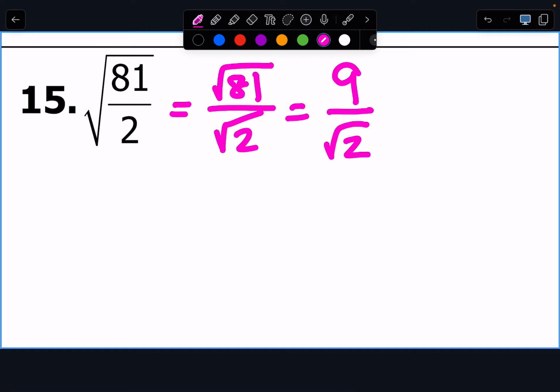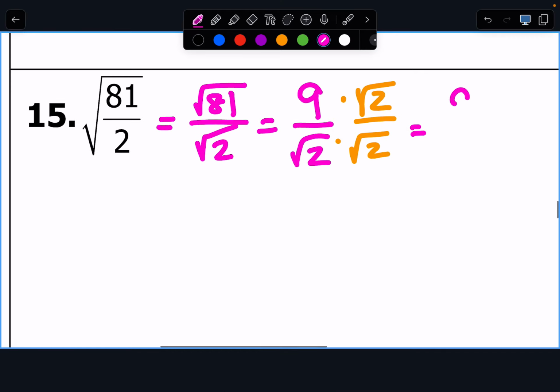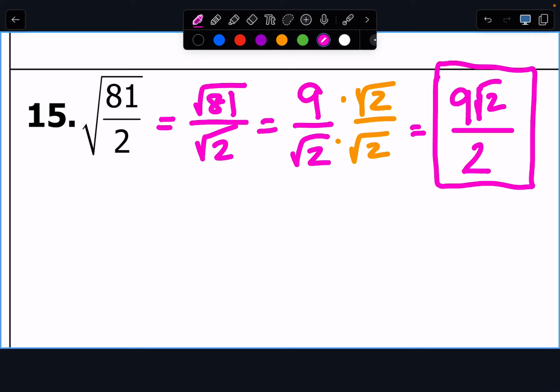But it is not okay to leave radical 2 in our denominator. So we'll multiply numerator and denominator by radical 2 so that we get 9 radical 2 over radical 4, which I'm just going to write as 2.